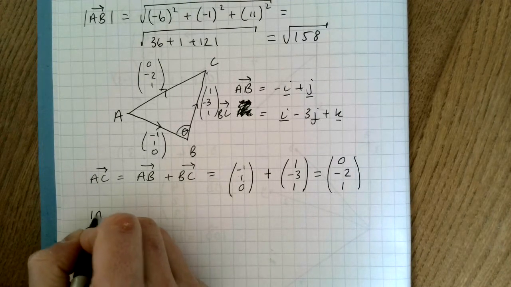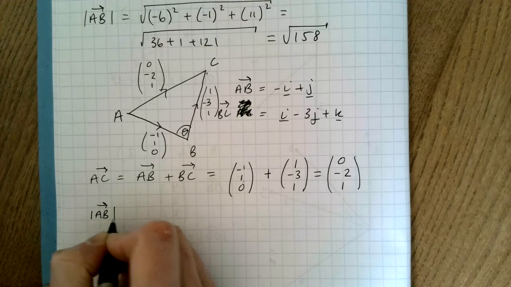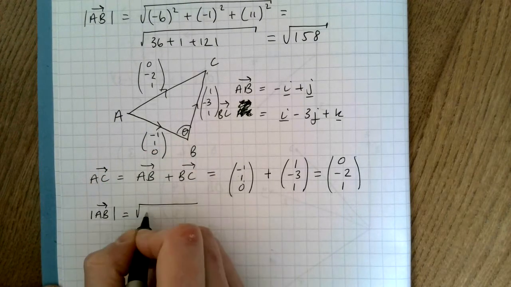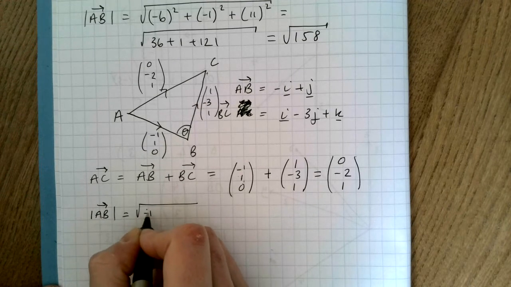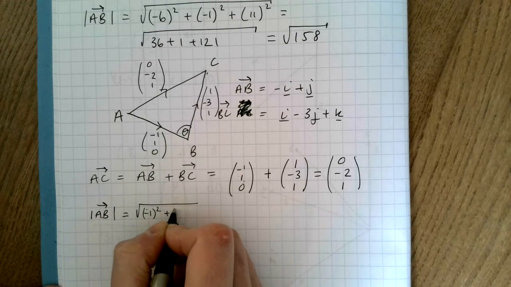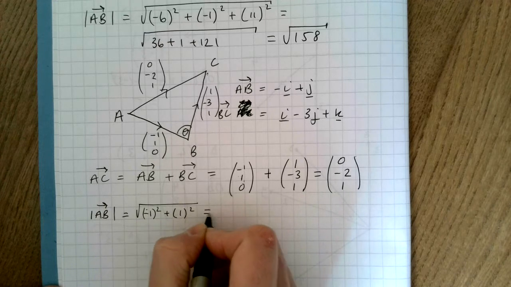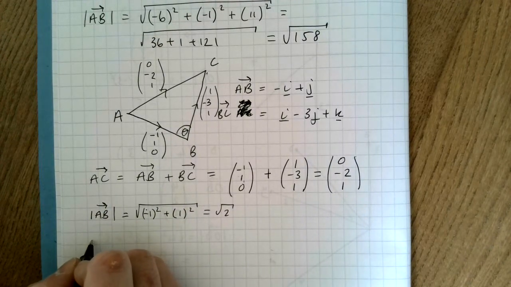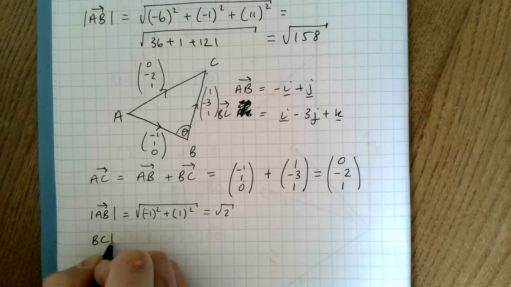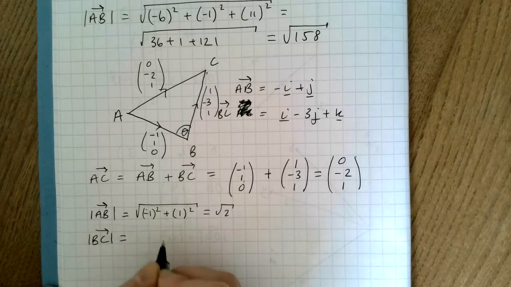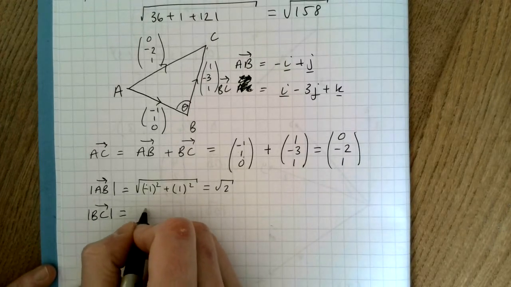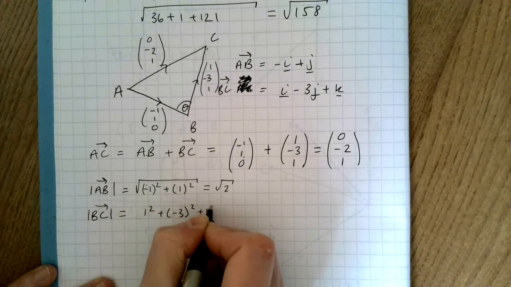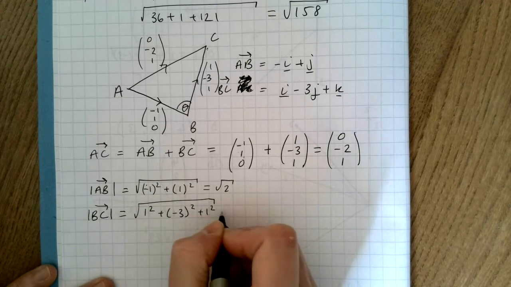So I want the magnitude of AB for the length of this side here. So that would be the square root of -1 squared plus 1 squared. So that's √2. The magnitude of BC is 1 squared plus -3 squared plus 1 squared square rooted.